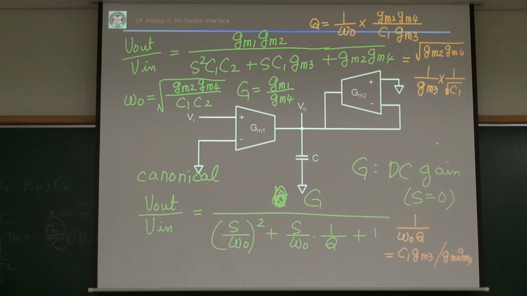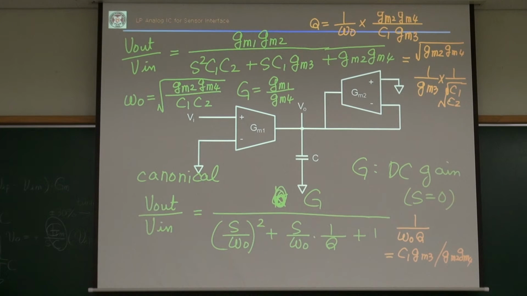Is it right? GM is gone. Something wrong, right? I have a mistake in dimension. What's wrong? GM2, GM4. Oh yeah, C2. I need a C2.